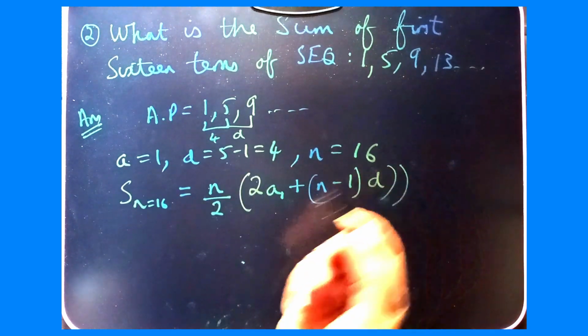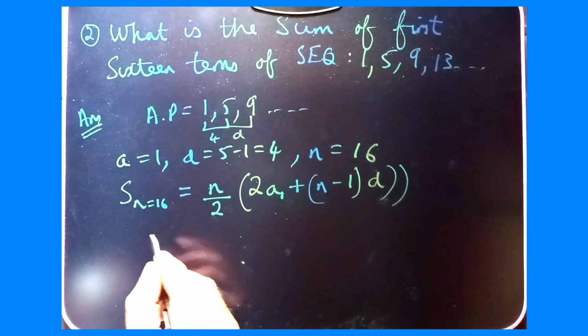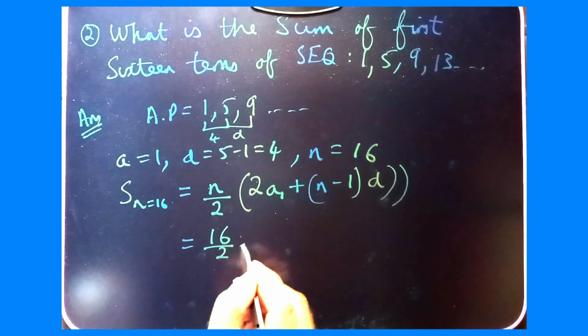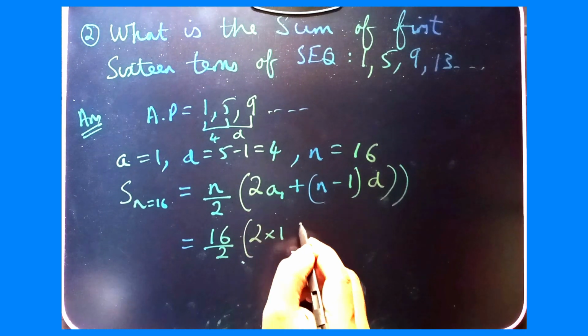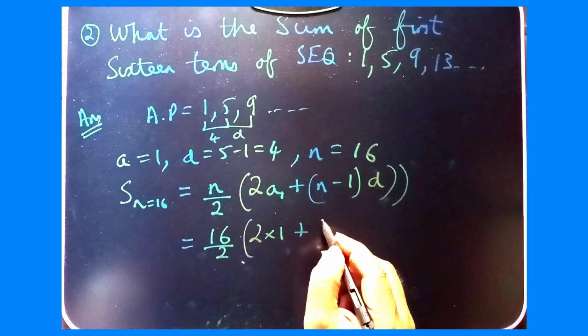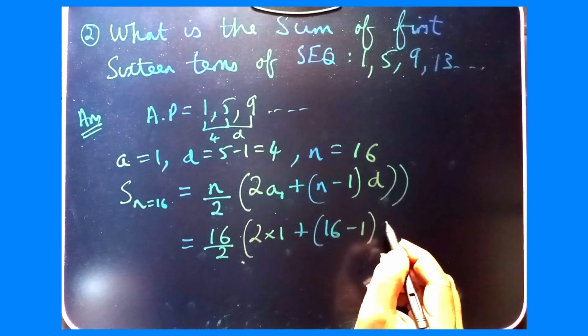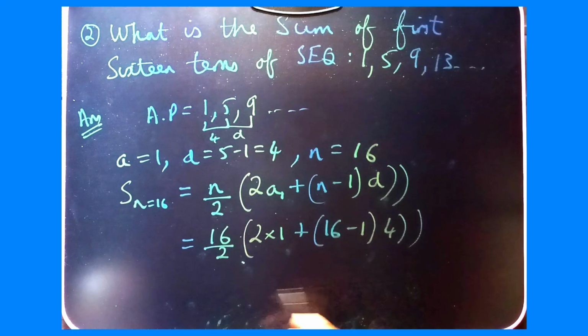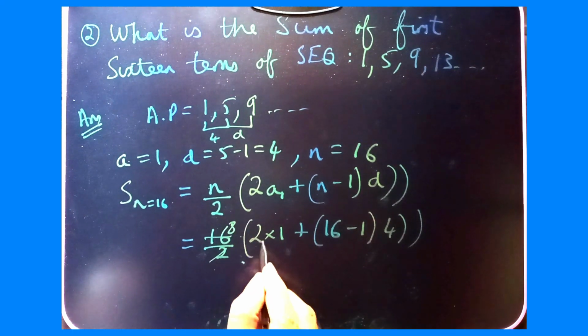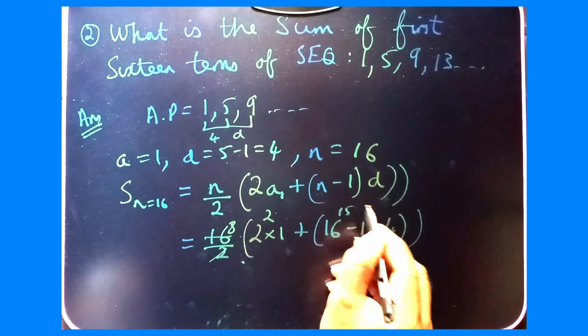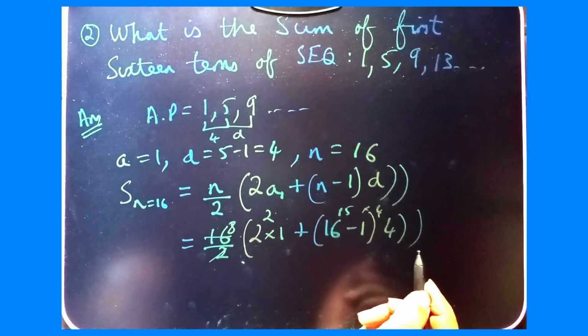So I don't need to identify the last term, but I'm going to solve it and find the sum of the terms. So total number of terms is 16, divided by 2. You get 2 into 1 plus 16 minus 1 times d. d is 4. If you try to solve this, you'll get 8 here. This will become 2. This will become 15. 15 into 4 you'll get.